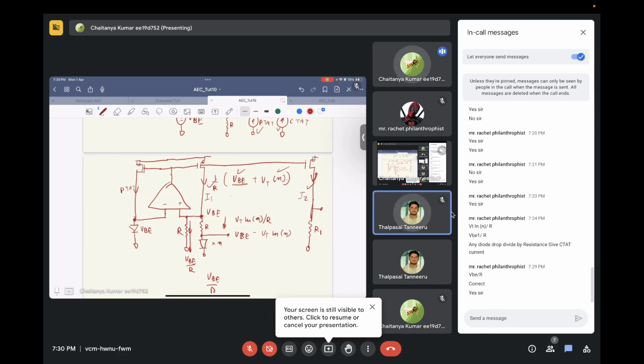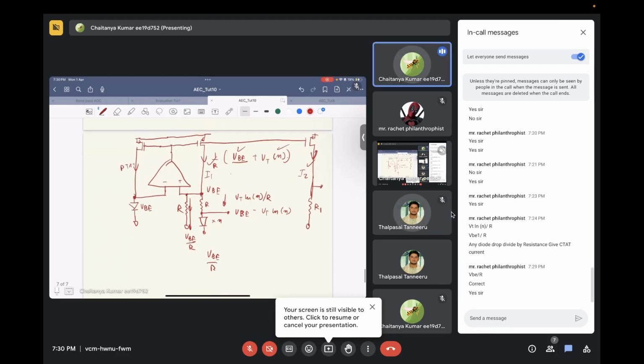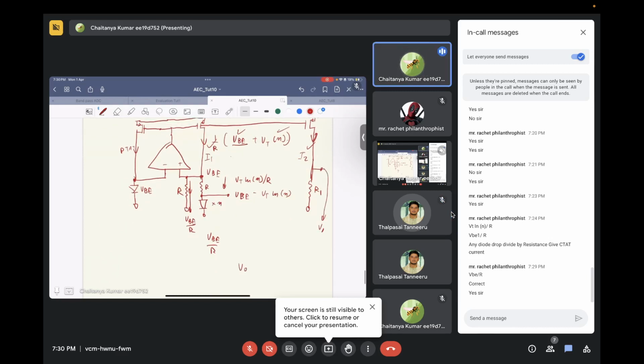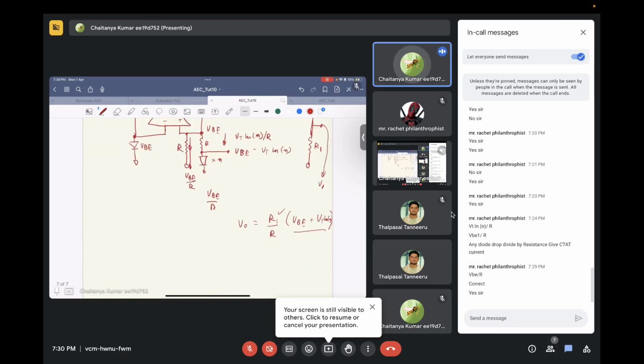I1 and I2 will be same, right? So if I1 and I2 are same, the voltage that is developed, let's call this Vout. Our Vout will be R1 by R times VBE plus VT ln of N. Now, if we choose R1 to be smaller than R, we can generate a constant voltage across temperature that will be R1 by R times 1.25 or 1.2. You understand?